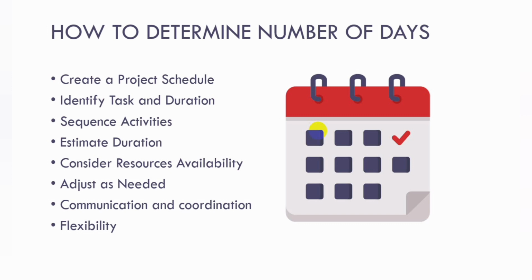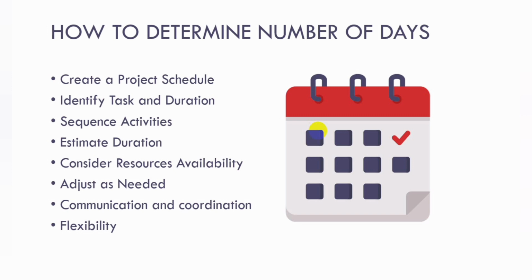You also have to consider resource availability, which means you take into account the availability of resources such as labor, material, and equipment when estimating duration. For example, if there is a shortage of skilled labor in a particular trade, it may affect the duration of related tasks.